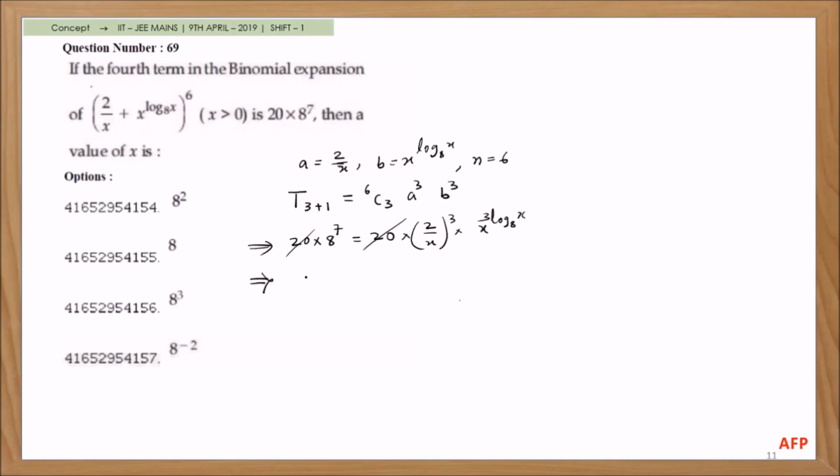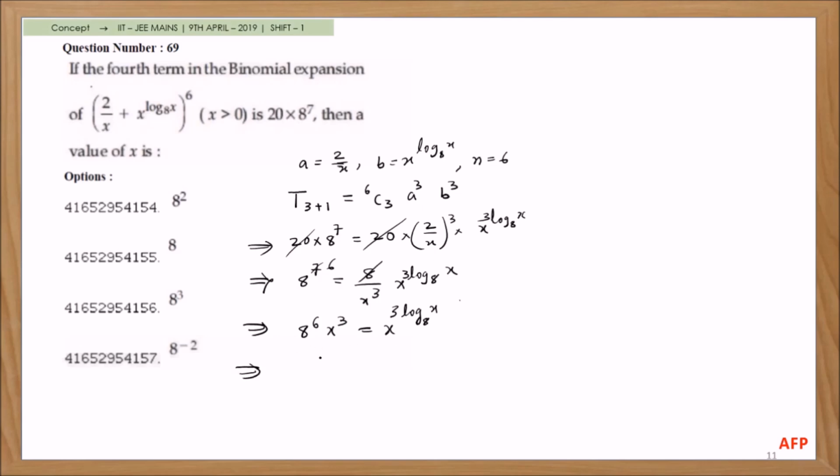So this implies 8 raised to 7 is equal to 8 divided by x cubed, times x raised to 3 times log x. Now 1 will get cancelled. So x raised to 6 times x cubed is equal to x raised to 3 log x to the base 8.